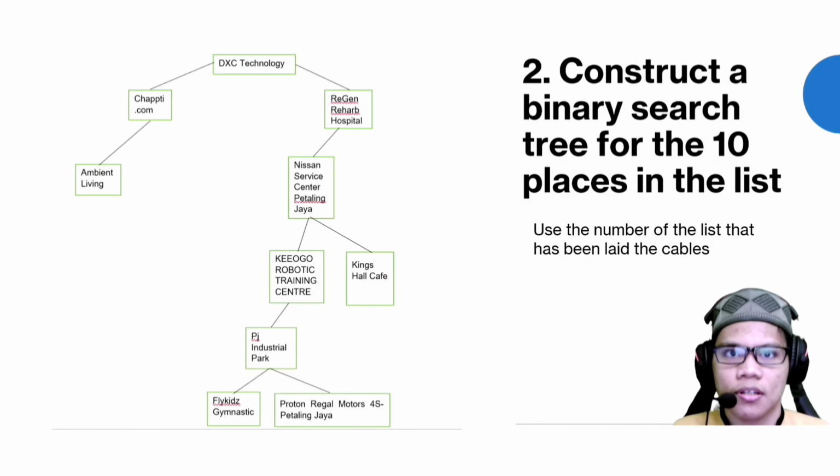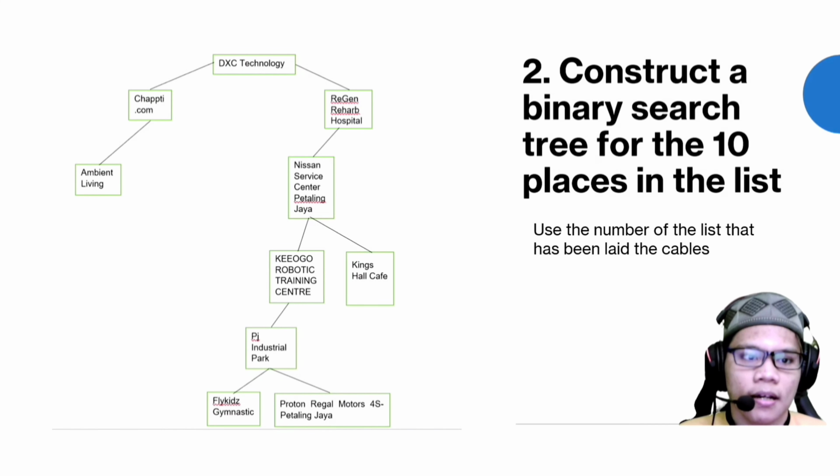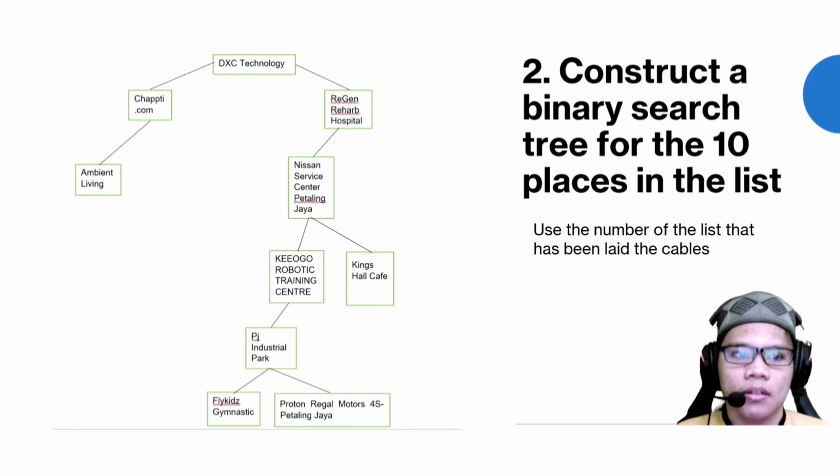The next question is to construct a binary search tree for the 10 places in the list. Now, I use the numbers of the list of places where the cable is laid, starting from DXC Technology. On the left of DXC Technology is Chapati.com, and then on the left is Ambient Living.